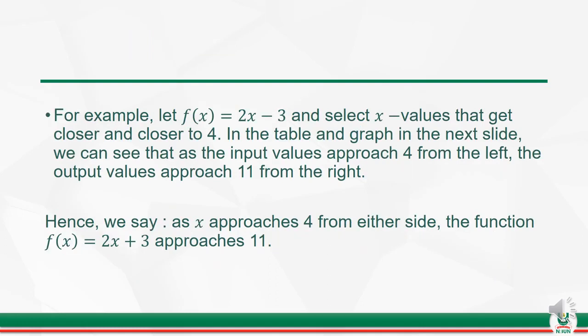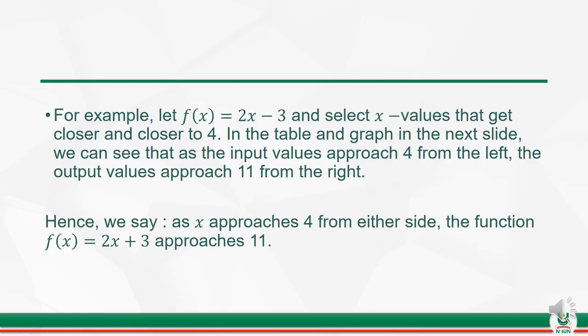If, for example, you have f of x is equal to x plus 2, and we select x values that get closer to 4. In the table and the graph in the next slide, we shall see that as the input value, that is x, approaches 4 from the left, the output value approaches 11 from the right.